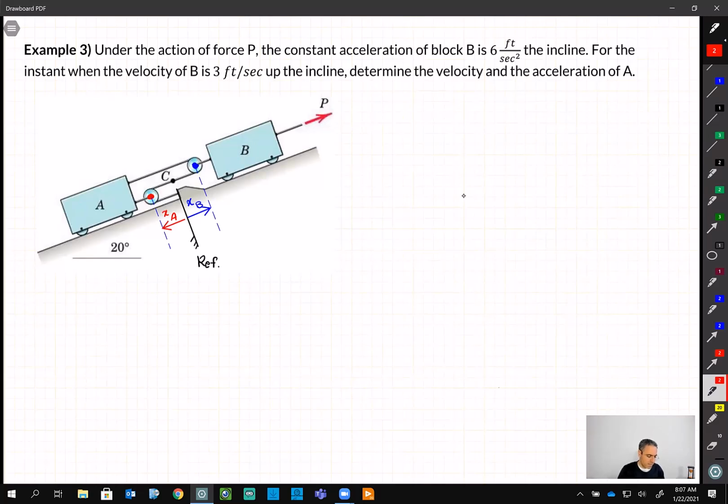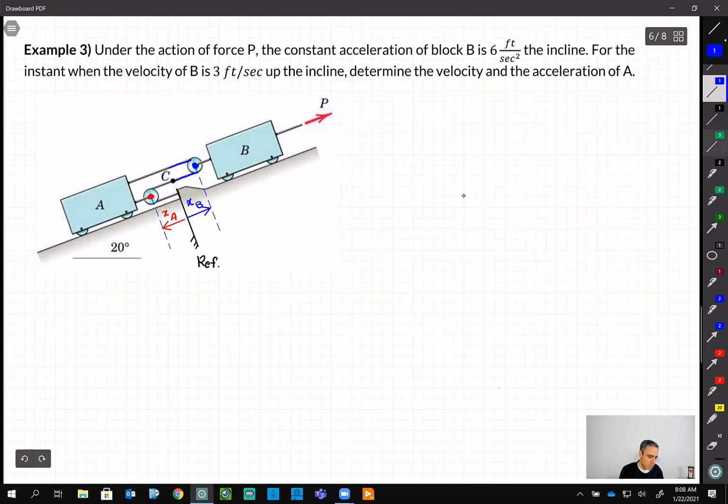Now, let's look at this rope. Can I say that this length that I'm highlighting on the rope, and this length, are equal to XB? Can I say that? If you check, they are parallel lines, right?